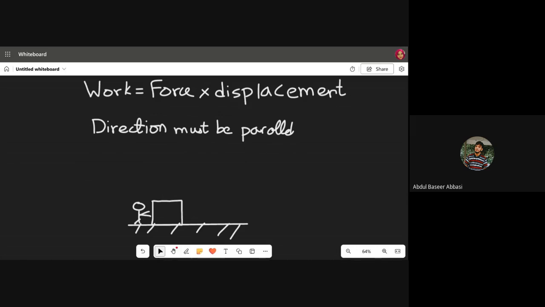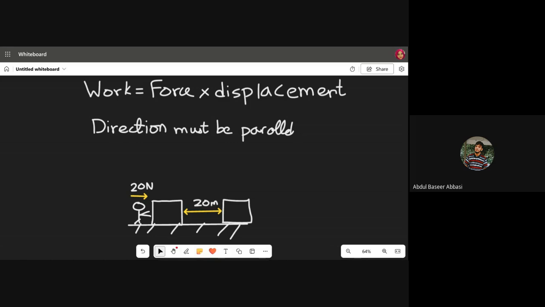Let's say he's applying a force of 20 newtons, and this object has displaced from here to here. Now we're going to check the difference between the two positions, and let's say the displacement is 20 meters.